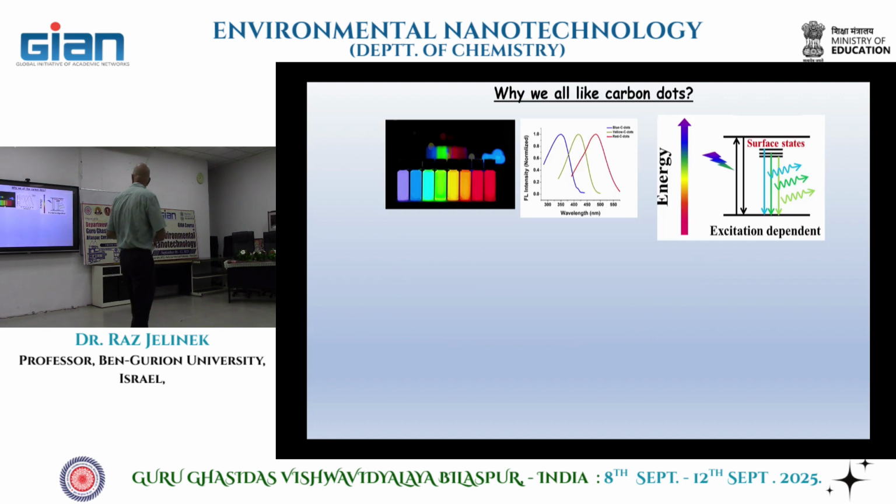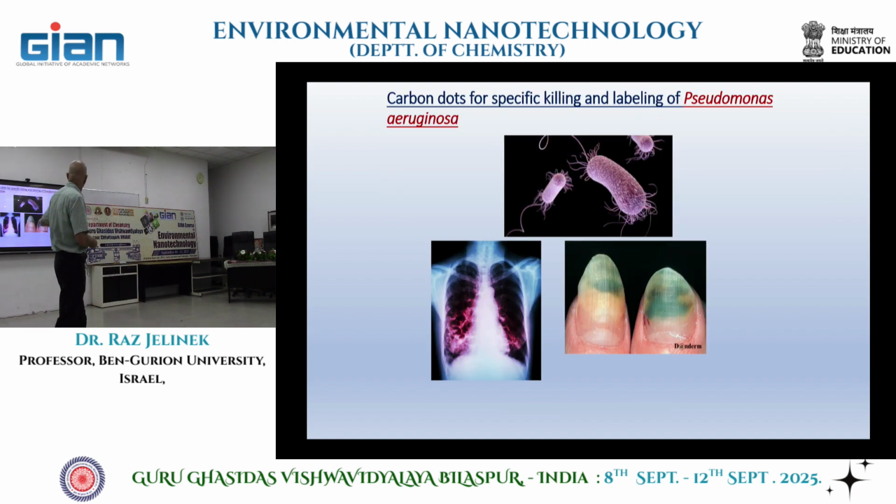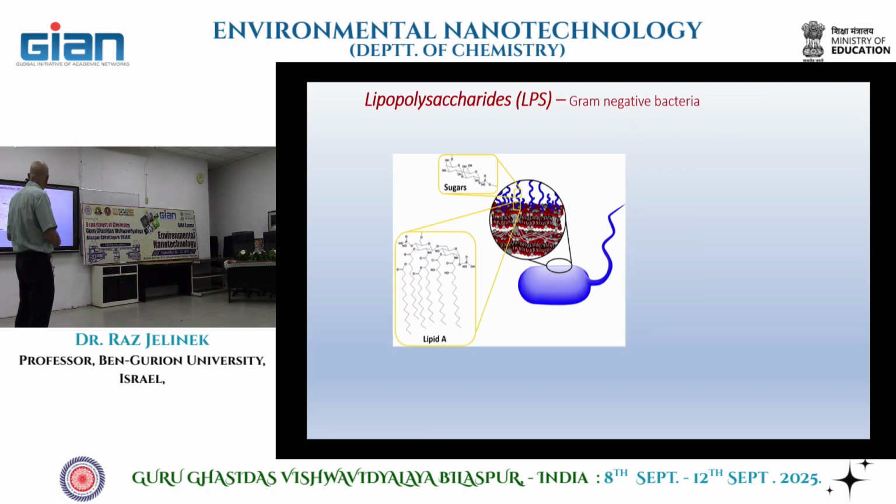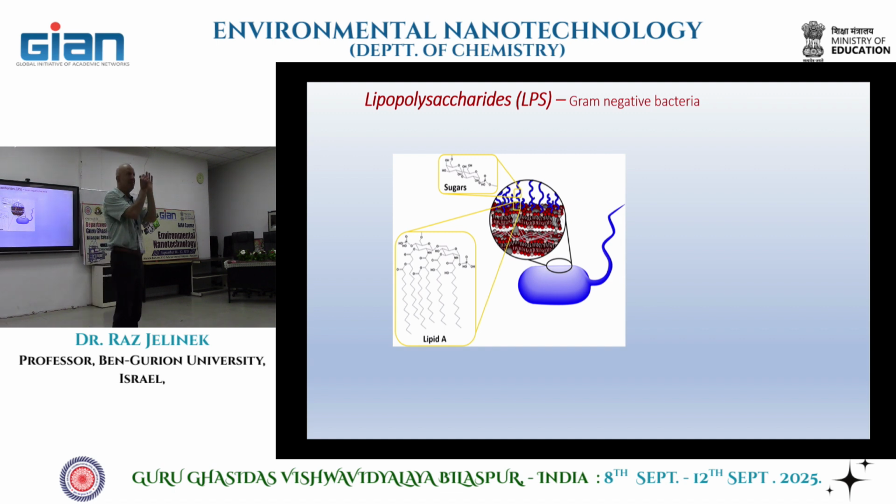Now remember when we talked about Pseudomonas aeruginosa, it belongs to the gram-negative family of bacteria. What we know about gram-negative bacteria is that the surface has lots of sugars and also a special type of lipid called lipopolysaccharides. These are lipids with sugar on top.